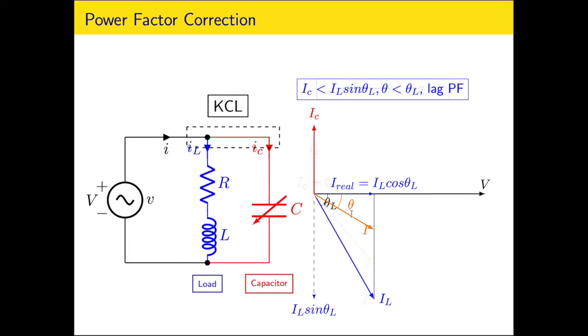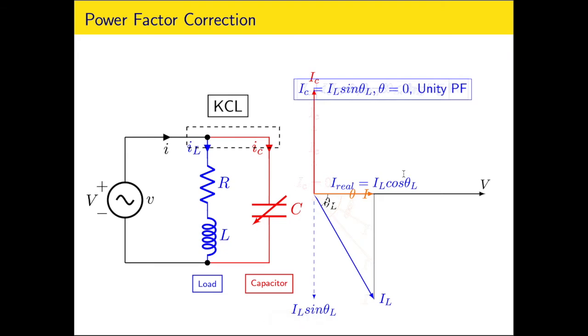However, theta has improved considerably in comparison to the previous case because the IC value is now more. However, the IC is still lower than the IL sine of theta L. So you can say theta is reducing, and the cosine of theta will be improving, so there will be an improvement in the power factor. Likewise, the real power is not changing as such.